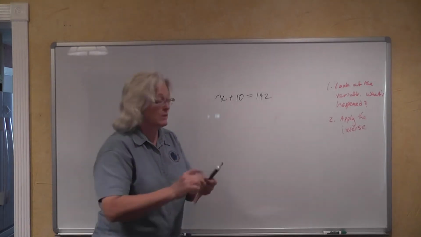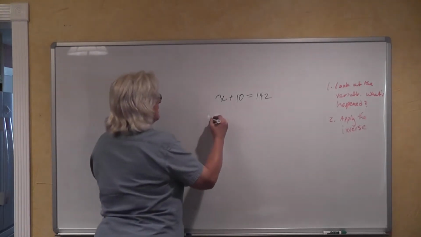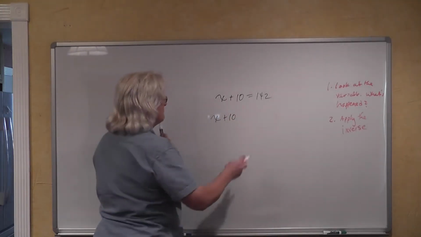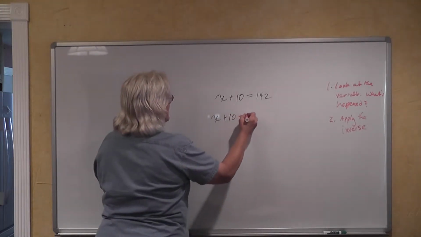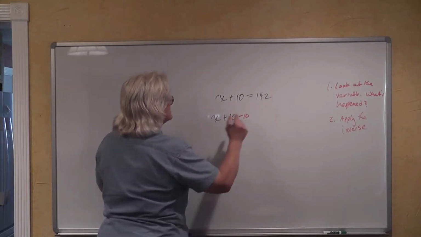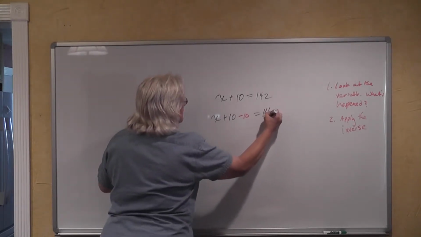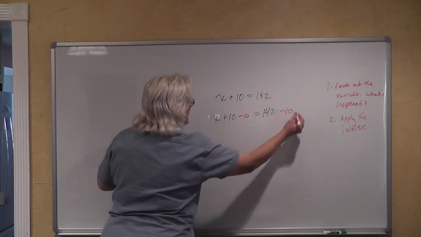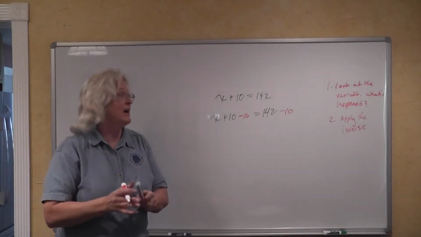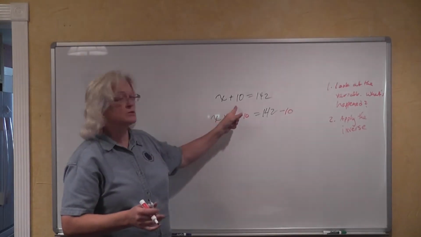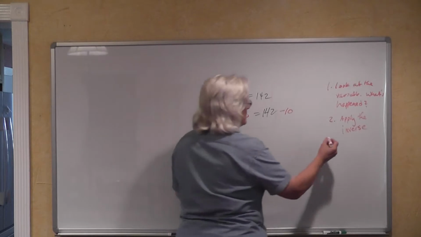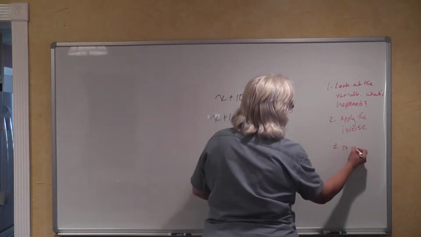So we started with x, we added 10. Subtraction is the inverse of addition, so we're going to subtract 10 from both sides of the equation, and we have 142 minus 10. We have to look at the variable, see what's happened. Apply the inverse. Both sides of the equation.